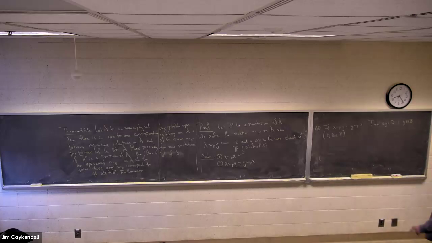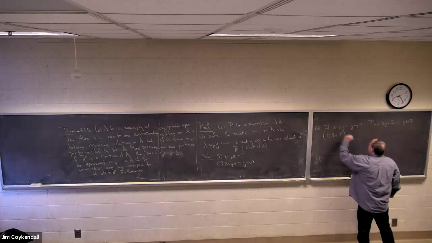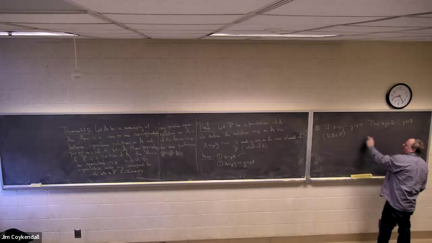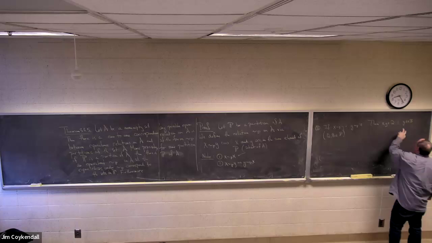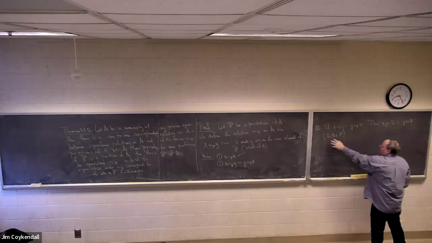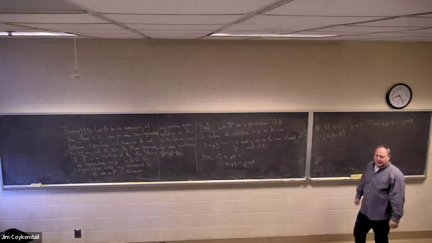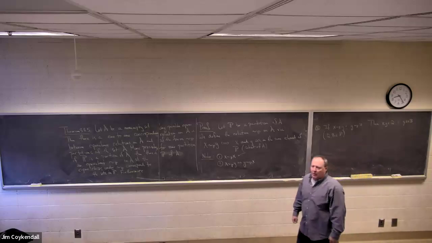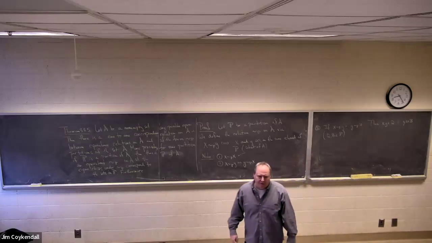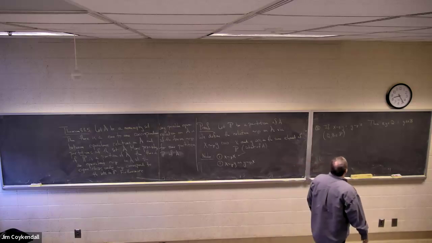What does it mean for X and Y to be related? Well, it means they're in the same element of the partition, right? And Y and Z are related, so they're in some other piece of the puzzle. Everybody agree with that? Where Q and B are just two elements of the partition. What does this mean?